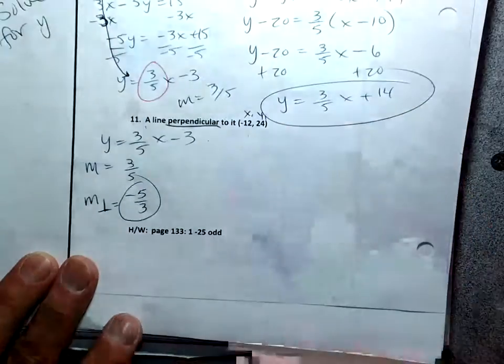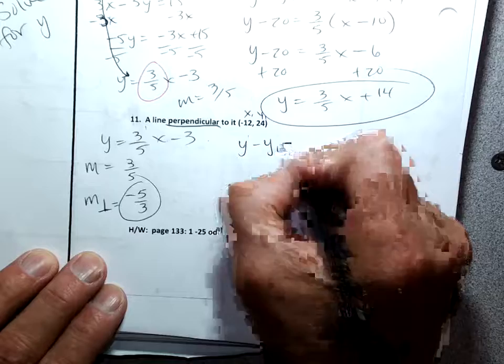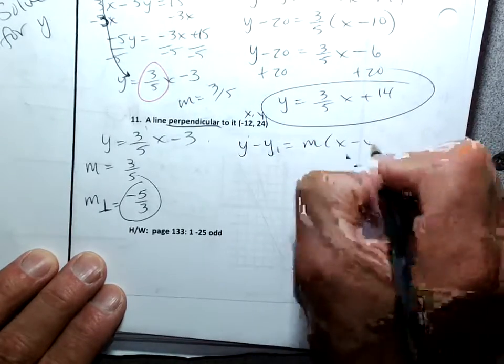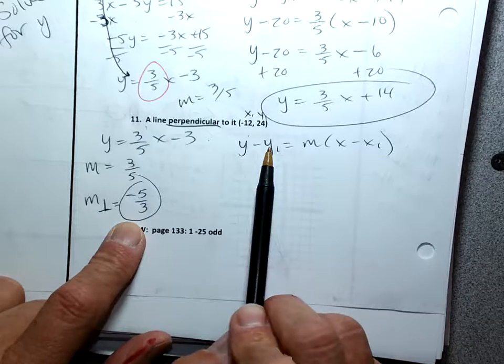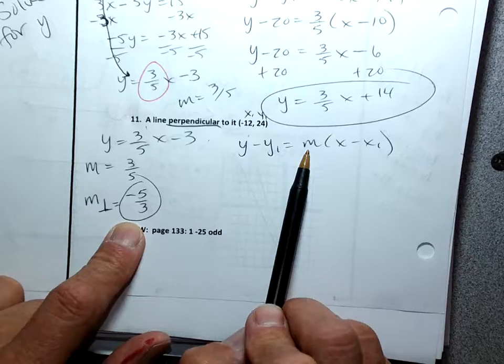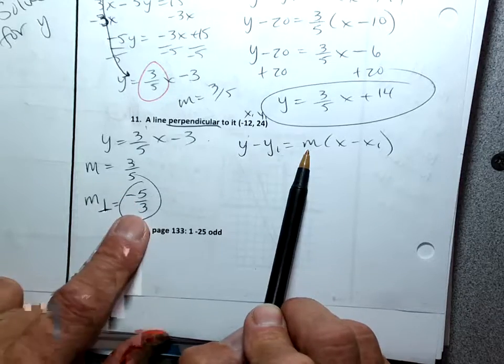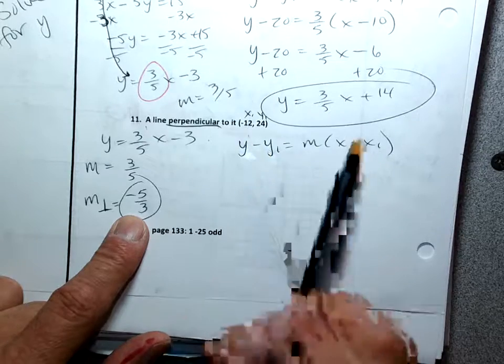And Megan, I'm going to use my formula, so you can do it the other way. I'm going to go my y minus y1 equals m times x minus x1, okay? And I'll put my 24 in for my y1, put my negative 5/3 in for my slope, because that's my perpendicular slope. I put my negative 12 in for my x1.